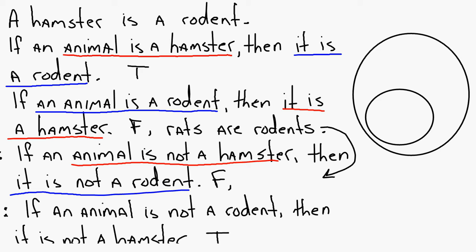Remember, the hypothesis goes in the small circle. So that's going to be hamster. What was the conclusion there? Rodent. Good. Remember, your hypothesis goes in the small circle, and your conclusion.